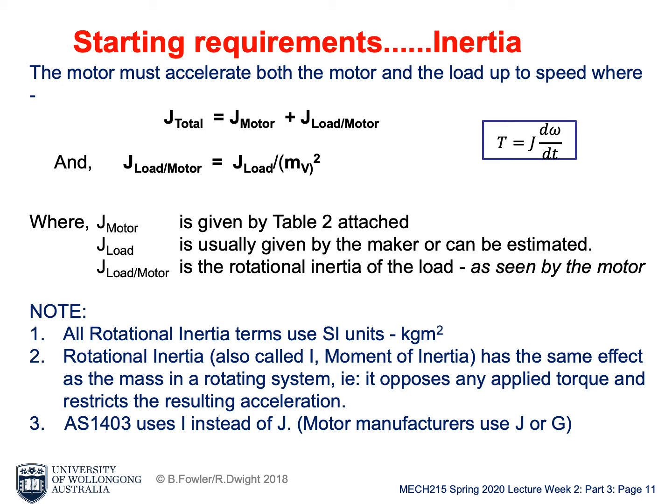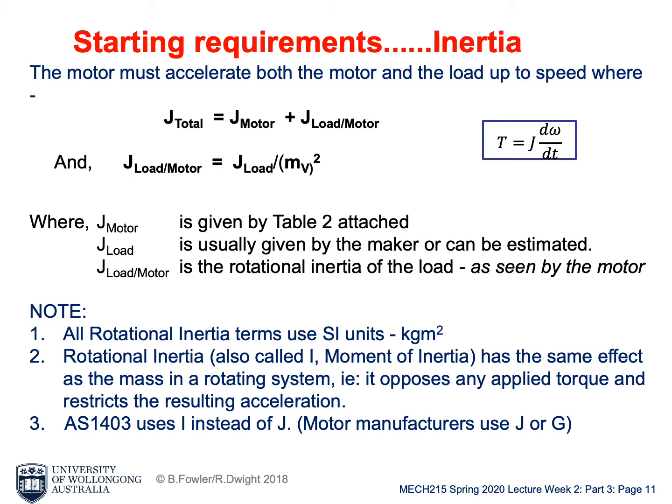So J motor is given by table 2, which is in the next slide. And J load is the moment of inertia from the payload. There's a simple estimation we can do, because it's quite hard to calculate it exactly. In MECH215, later, when you calculate the static and dynamic limitations, you will see that a lot of the time the moment of inertia, this J, is quite hard to calculate when the shape is not regular, like a circular or rectangular shape.